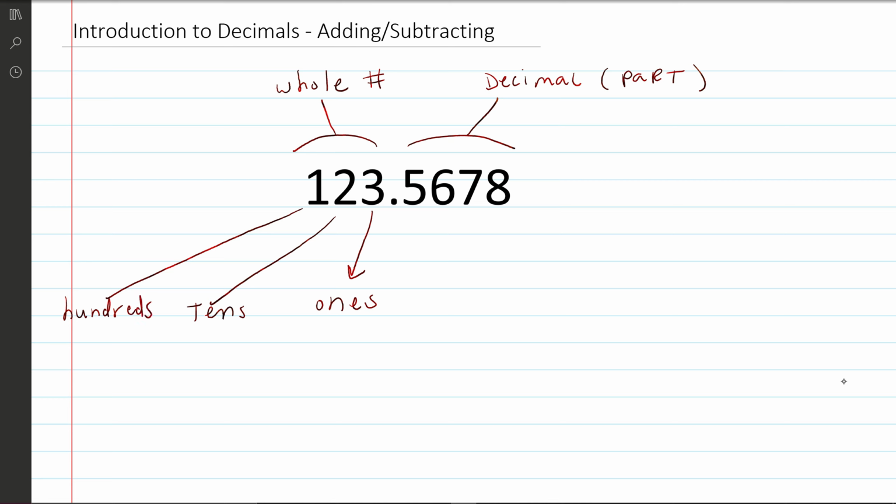So after the decimal point, or to the right of the decimal point I should say, that number is known as the tenths. And you see how going to the right we don't have ones or anything like that. It just starts with the tenths with a THS on the end. Then that 6 is in the hundredths place with a THS on the end.